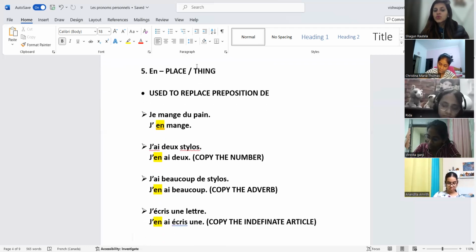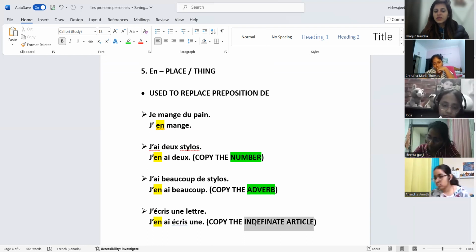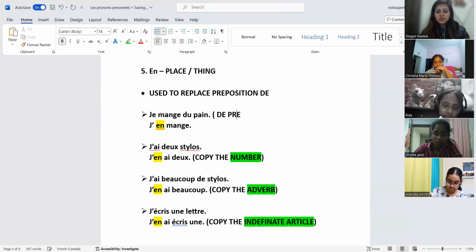It's also used with numbers, adverbs, indefinite articles. I'll highlight in green color. So all of these are usages, and in the first one, it is DE preposition. So whenever these green color things will be there in your sentences, you're going to write EN.